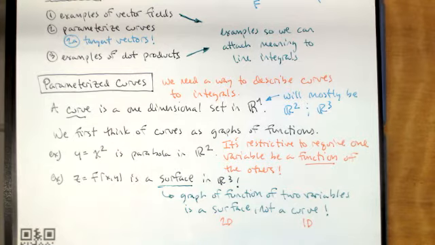Moreover, when we have functions, this is a restriction because each input can produce only one output. For every x, there is only one value of y. So we upgrade. We stop just thinking about functions and start thinking about graphs of equations.